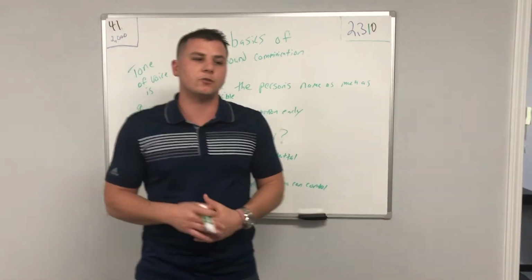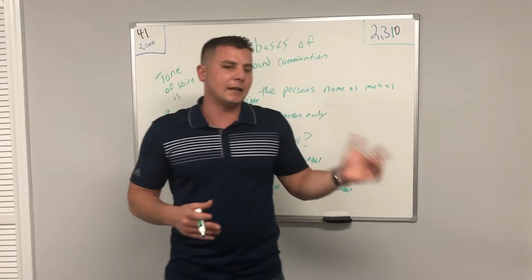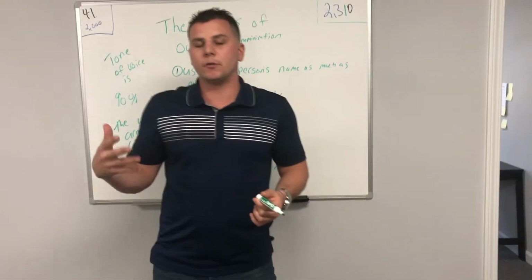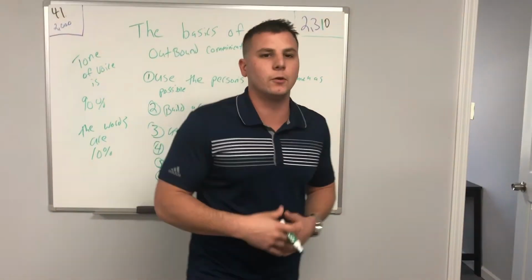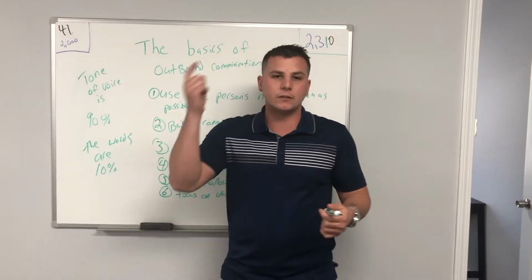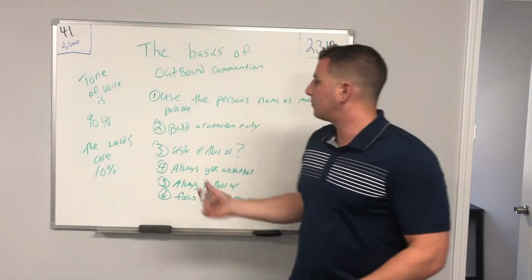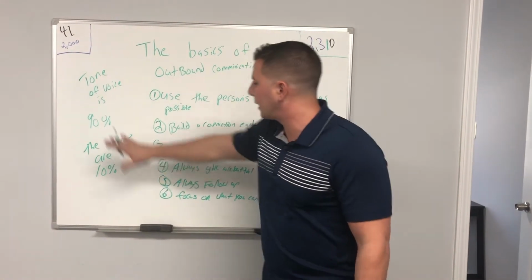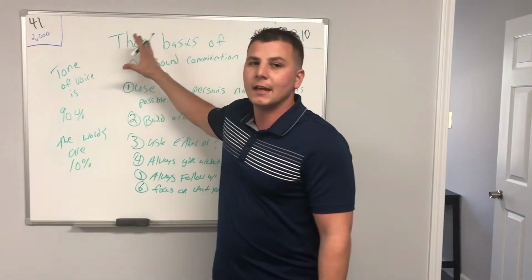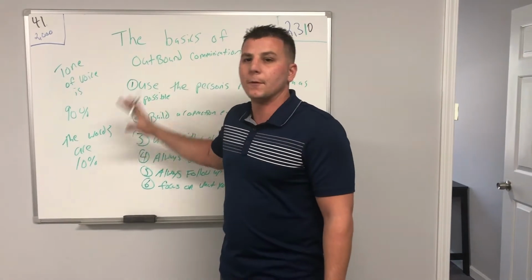What you can control is how many times you pick up the phone, how many text messages you send, how many emails you send, how good your tone of voice is every time somebody answers the phone or you make that connection. If you focus on the stuff that you can control, your appointments will increase, and all of this will work together as a well-oiled machine, giving you the ability to get in front of more people.